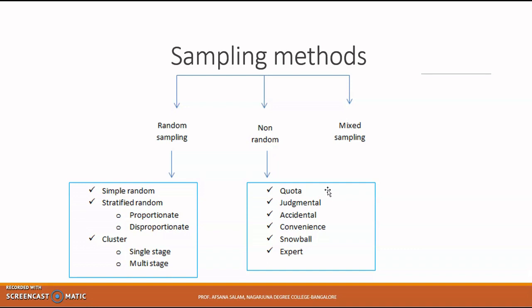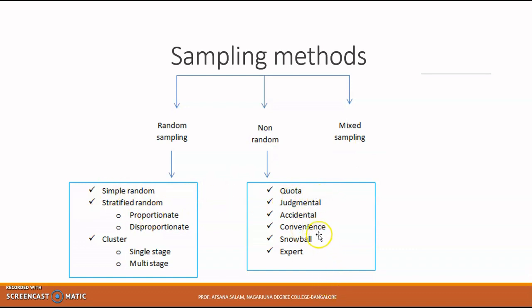Expert sampling is only with the experts who are into that particular research. You are using that particular sample. So these are the different sampling methods. Another one is mixed sampling, where you use 2 different methods.